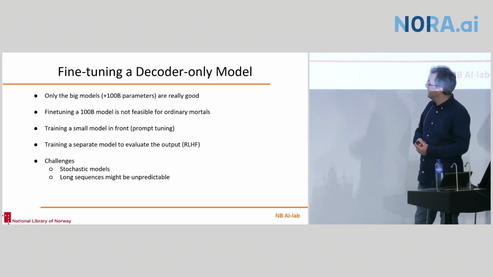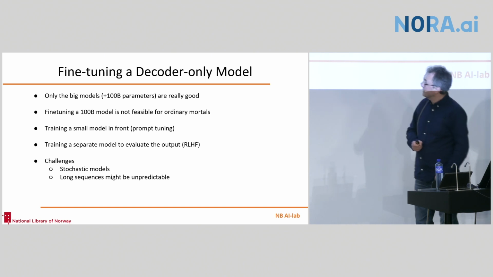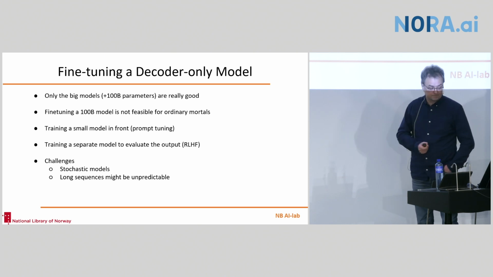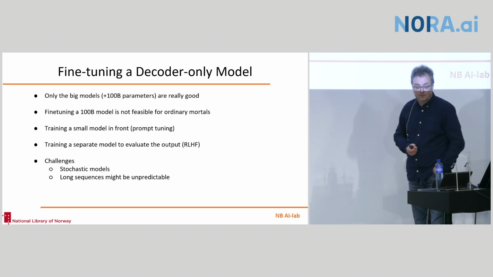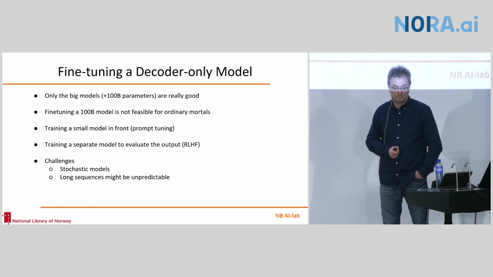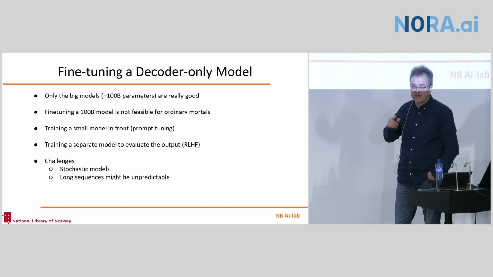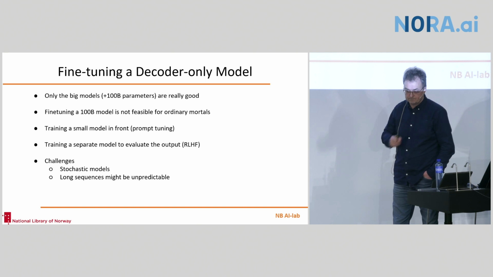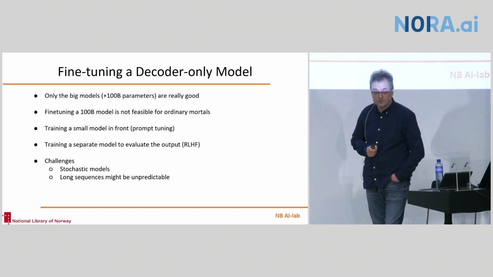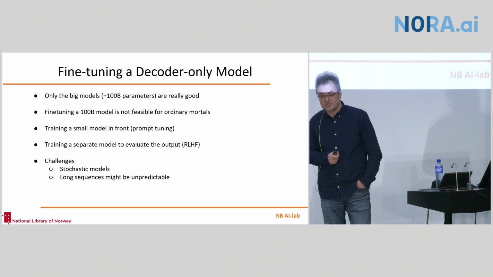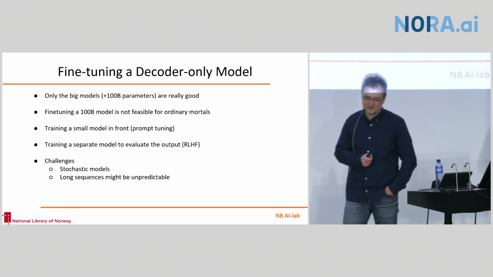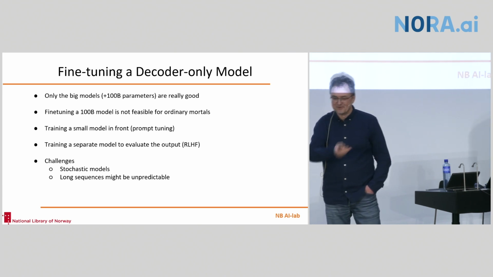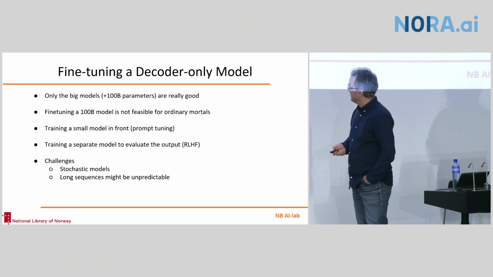And as was presented earlier, since I'm a bit short of time, I'm not going into it, you train a separate model at the end using reinforcement learning with human feedback, and use that to train the main model, both the instruct and the entire thing. That's a fantastic idea if you're so lucky that you have received $10 billion from Microsoft. So if you're one of those, just start with doing that.